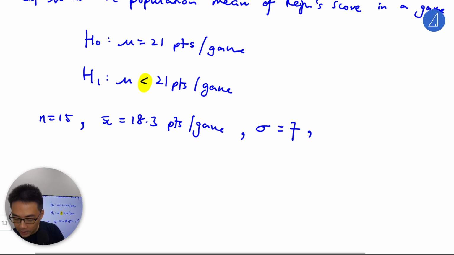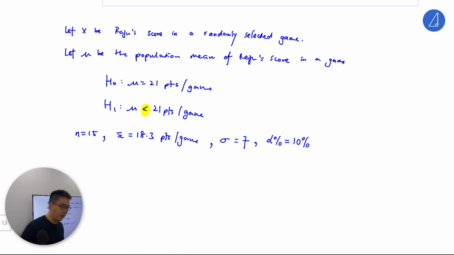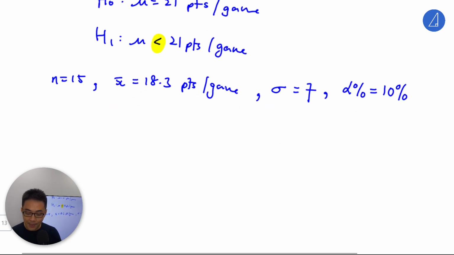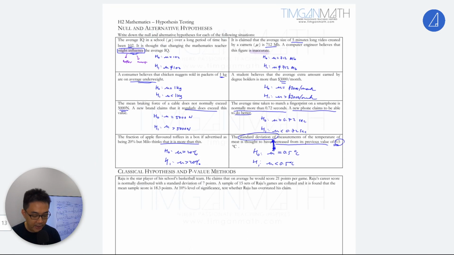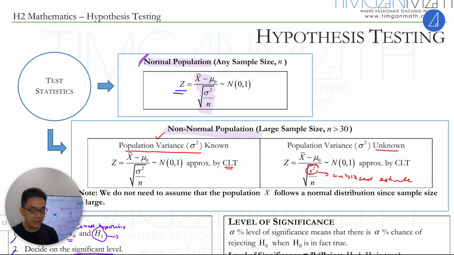Then you have your tolerance level, the significance level. What you write about it. Then under H naught, you define the Z statistic. Z statistic means you standardize it. So it's a Z test.